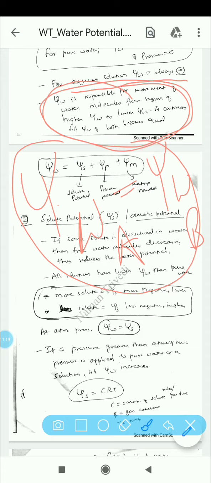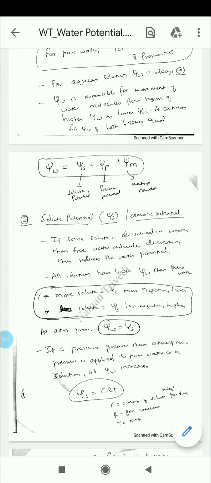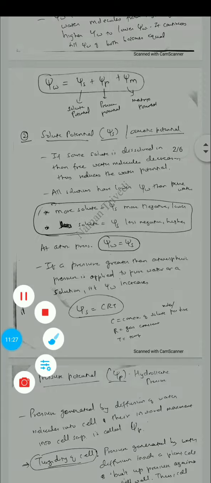That is, water will move from a region of higher water potential to a region of lower water potential. So when we consider psi W, it is always the total of solute potential, pressure potential and matric potential.